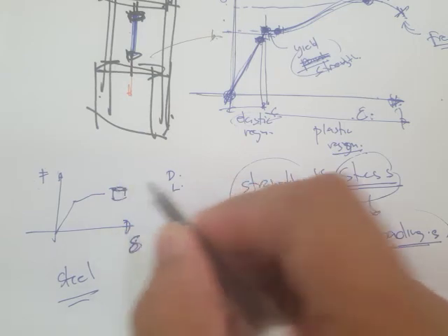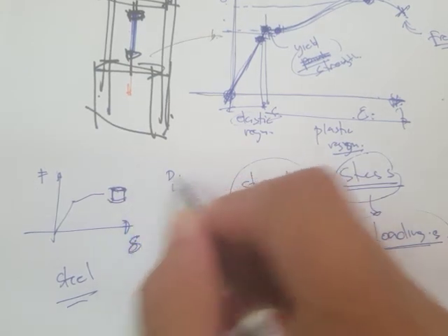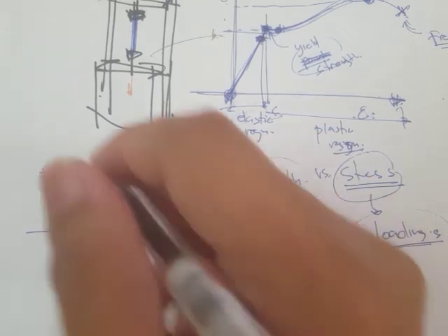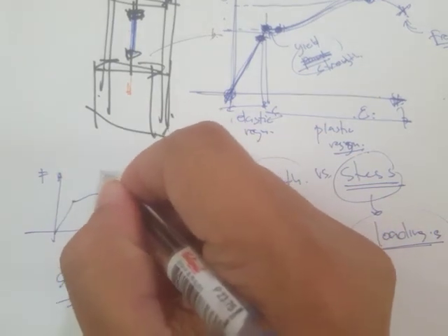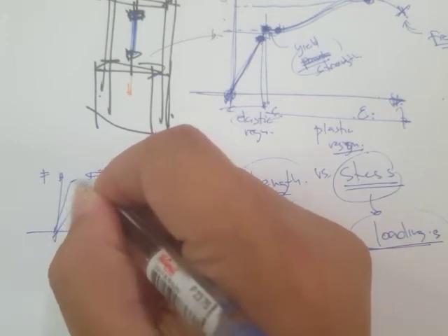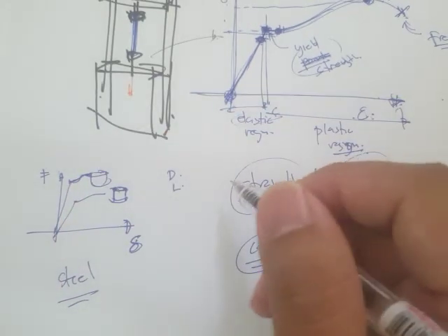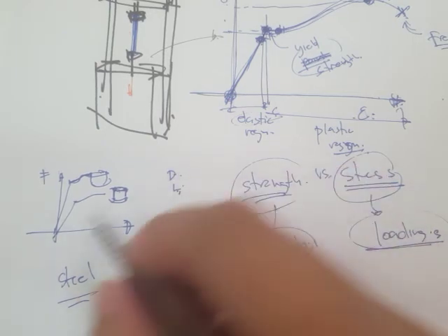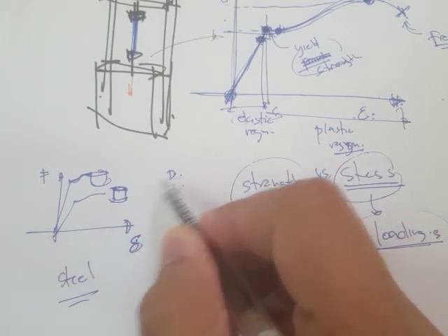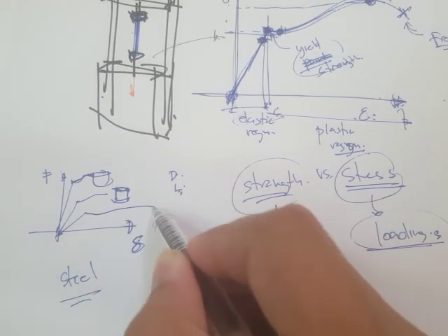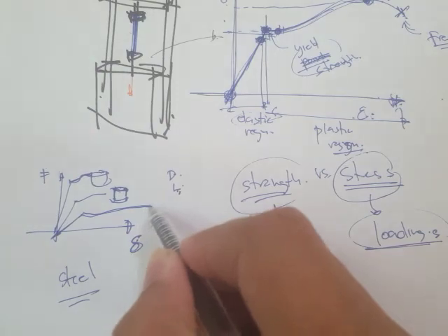If I change the diameter twice, the graph will change to something like this, maybe. And if I change the length twice but retain the diameter dimensions, probably I would get something like this.